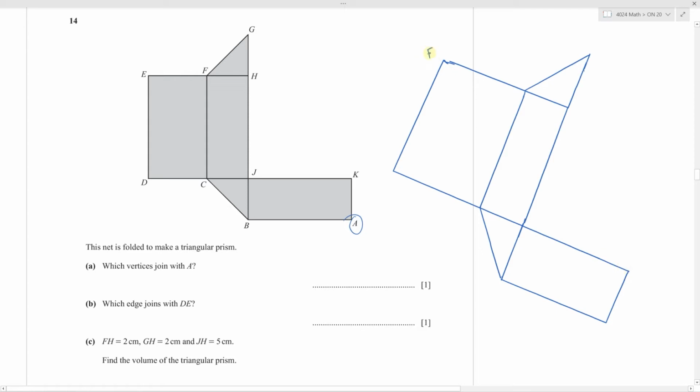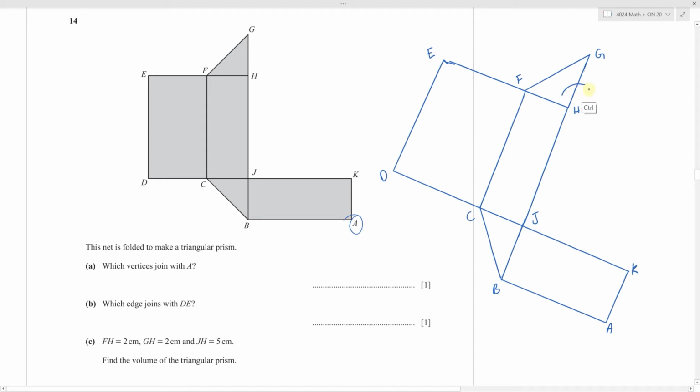So this is E, D, C, F, G, H, J, B, A, and K. So now let's fold this net into a 3D prism. So I'll start with this triangle on the top. I will fold it on this edge, FH, and bring this upwards into a vertical triangle.